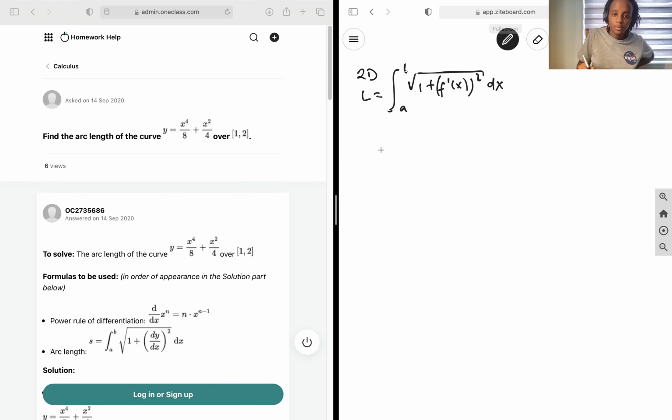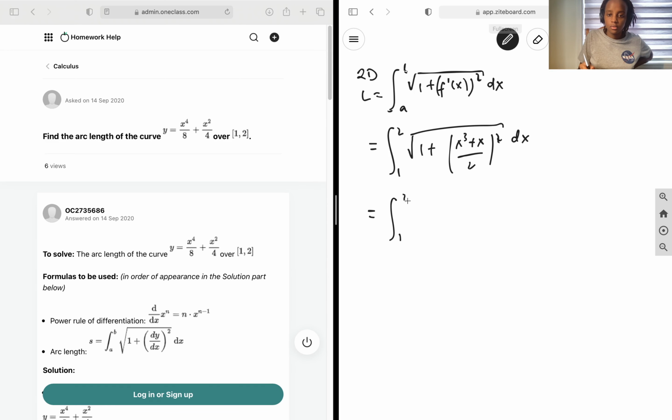So this is going to become the integral from 1 to 2 of root 1 plus (x cubed plus x over 2) squared dx. Now let's simplify that further.